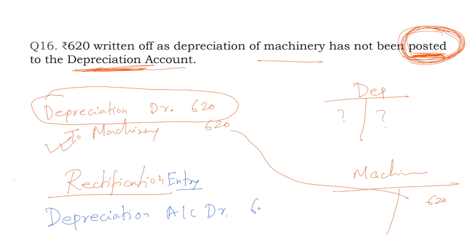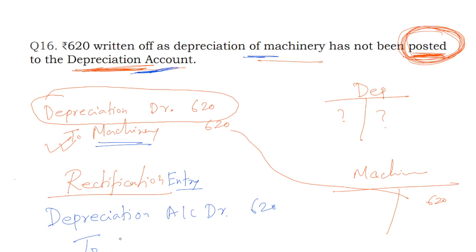How much? 620. So which account to be credited? We cannot write machinery account because here in this question it is not mentioned which account is to be credited, because machinery is already posted correctly. In this question only depreciation of machinery has not been posted to depreciation account. Okay, so we do not have any other option to post in the credit side.